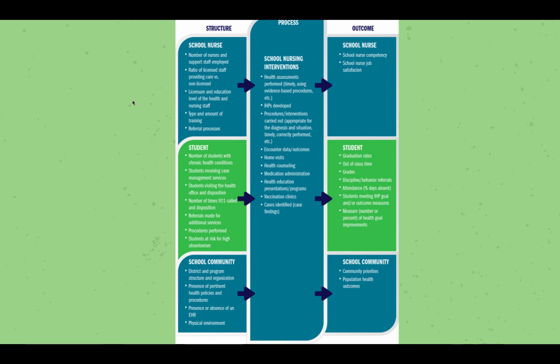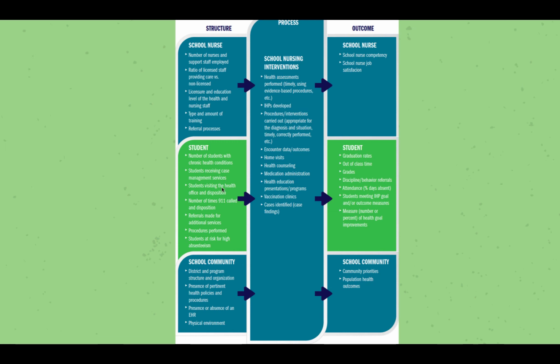Well, this figure gives you a really good idea of how you can collect data in your particular district under the structure, process, and outcome formula or model, right? So you look at under the school nurse category, number of school nurses and support staff who you have working in your district, the ratio of licensed versus non-licensed, the type and amount of training everyone gets.